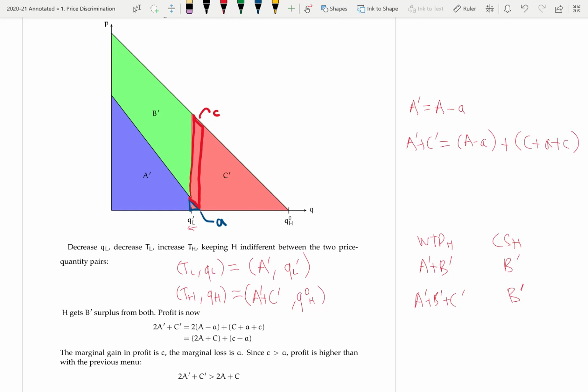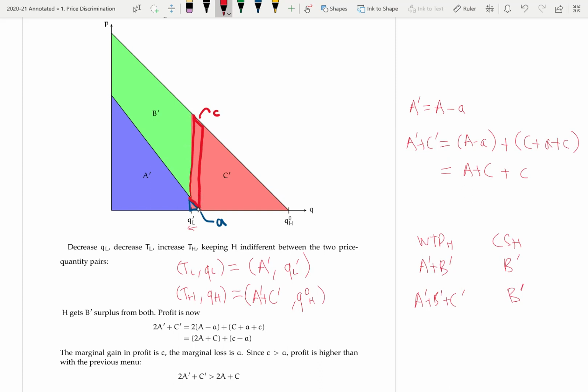So this allows us to find the increase in the price in the price quantity pair meant for H. So this is the old price, A plus C. The change, well, A and minus A cancel out. The change is just small c. So small c is the gain from reducing this quantity and adjusting the prices in the price quantity pairs. Small a is the loss. And the gain far outweighs the loss because buyer H's demand curve is much higher than buyer L's.